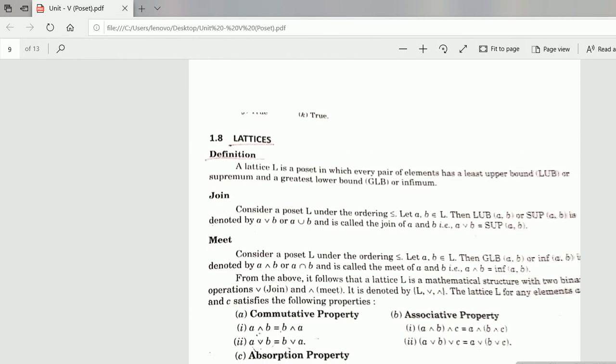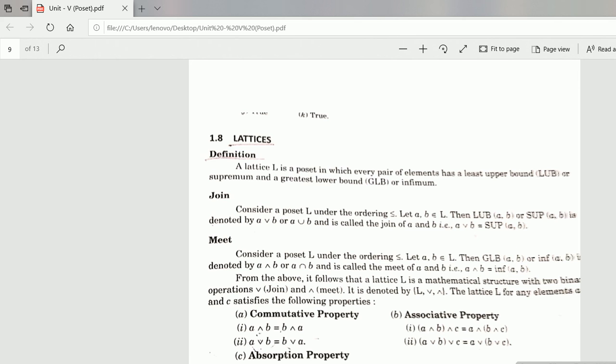This shows that I(A) is a subset of I(B). Now we will discuss lattices. What is a lattice? Before starting, let us look at the definition of a lattice.